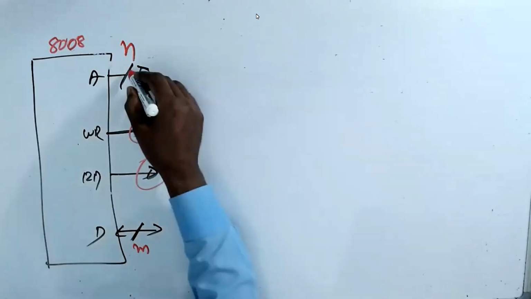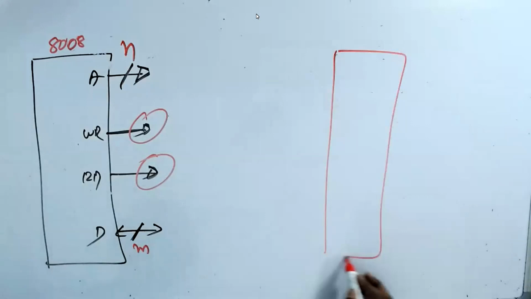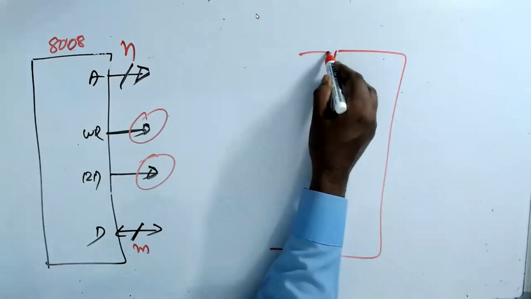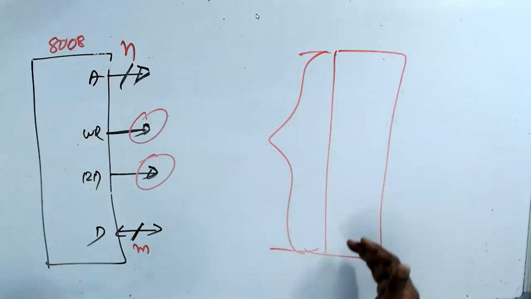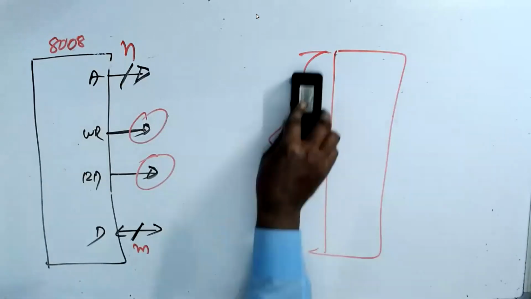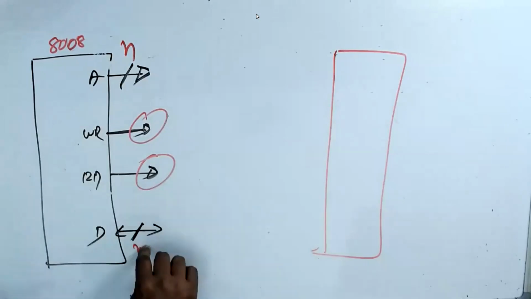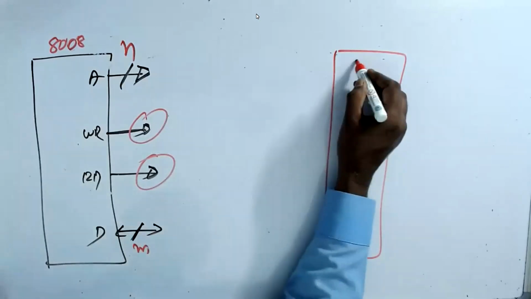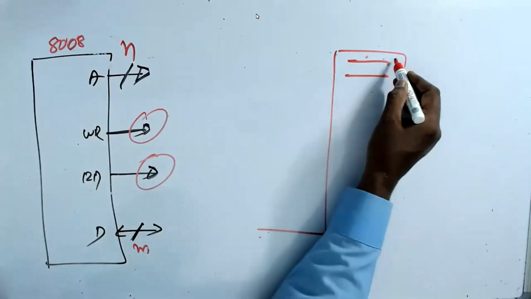Now, if I have more address lines, it means a very big program. The size varies. That is what? More address lines means more data. Now you can write a very big program or you can have very, very huge data. If you have more data lines, it means I read one line at a time or I read 2 lines at a time.